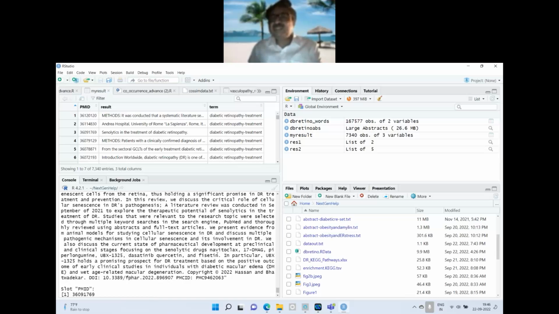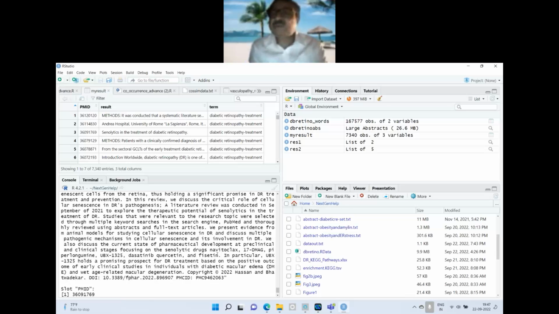Senolytic, so senescence lysis. It looks like they have coined the word like this. Senolytic. Navitoclax, 17-DMAG, then piperlongumine, UBX 1325, dasatinib, quercetin, and so on. So they are in trials now, and presumably soon they will become available.